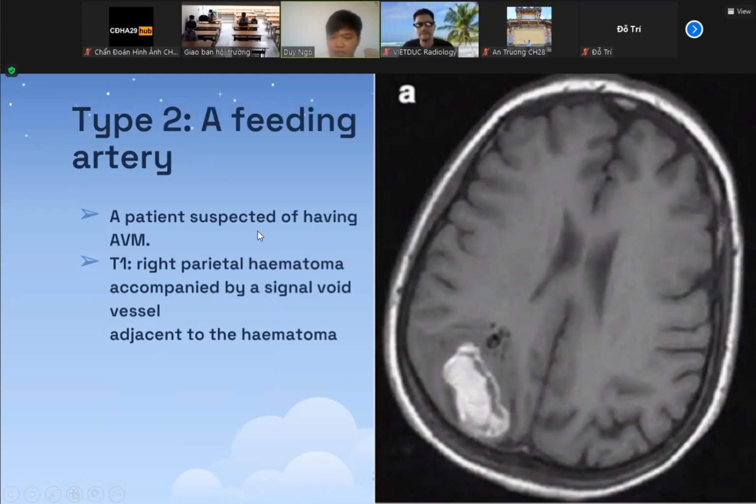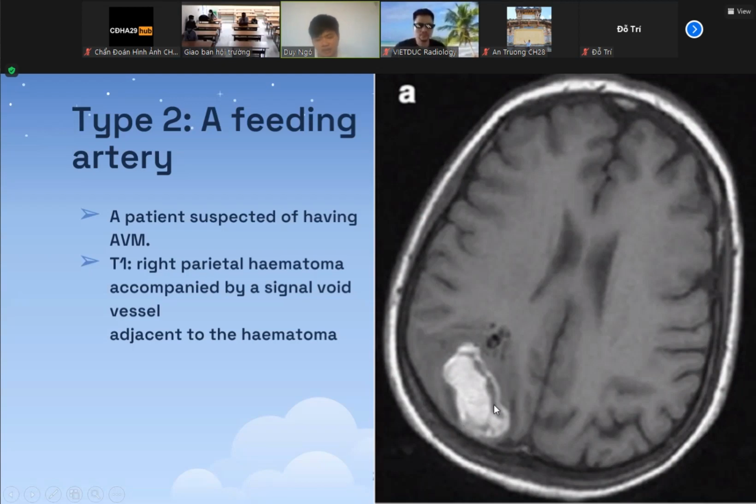Here we have a patient who is suspected of having an AVM. See here on T1, we see a hematoma at the back of the brain with some kind of flow void beside it, right?